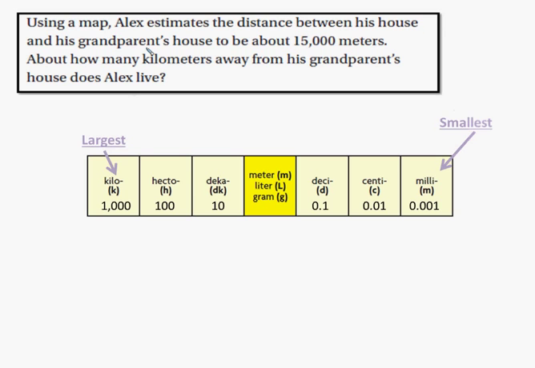So we have, using a map, Alex estimates that the distance between his house and his grandparents' house to be about 15,000 meters. We need to figure out how many kilometers that is. If we're going from meters to kilometers, since largest is over here and smallest is over here, I'm going from small to big.